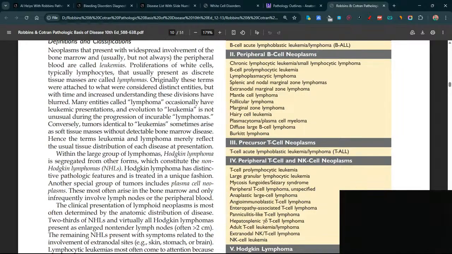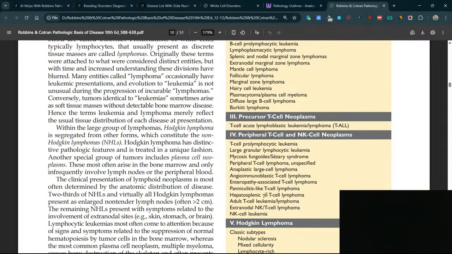Hence, the terms leukemia and lymphoma merely reflect the usual tissue distribution of each disease at presentation. Within the large group of lymphomas, Hodgkin lymphoma is segregated from other forms, which constitute non-Hodgkin lymphomas.